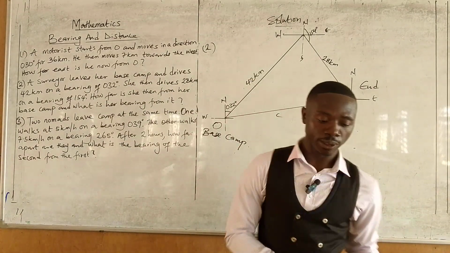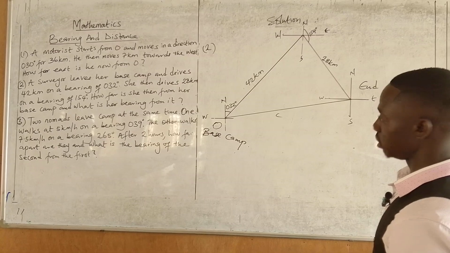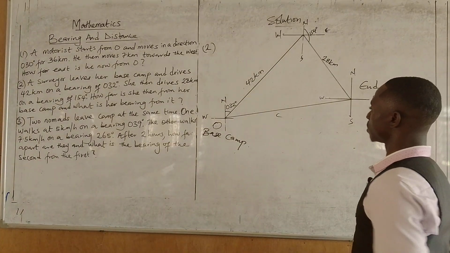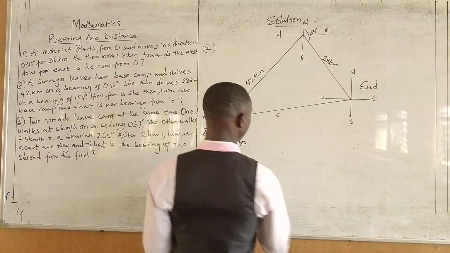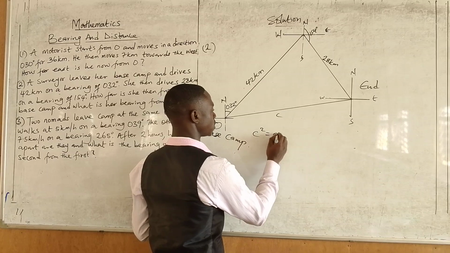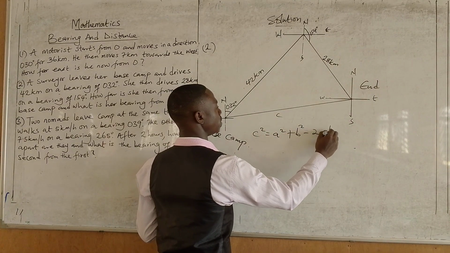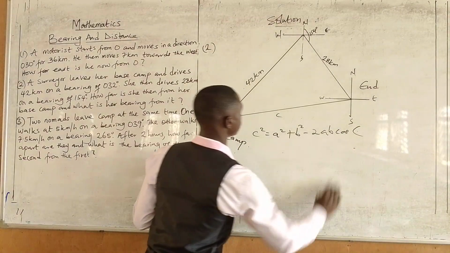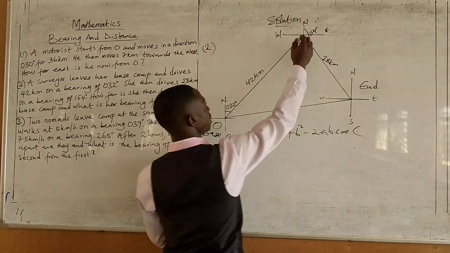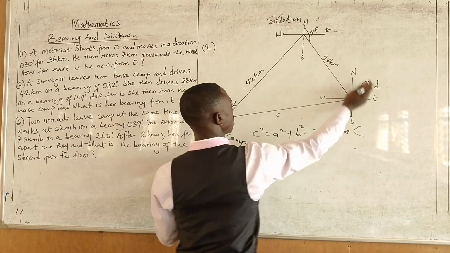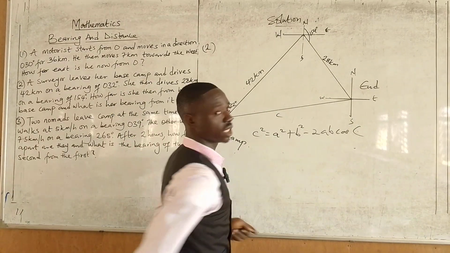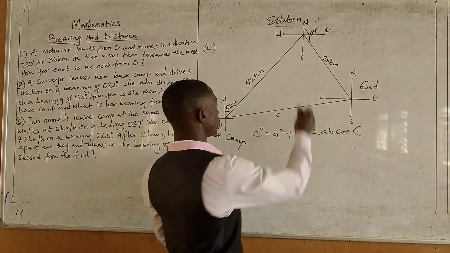Now, if you can remember your cosine rule, this time around we are looking for length. We are looking for a side. So how do I get that? So c squared equals what? a squared plus b squared minus 2ab cos of what? Of C. So the angle here is going to be our angle C, the angle that is facing side C. But how do we get this angle now?